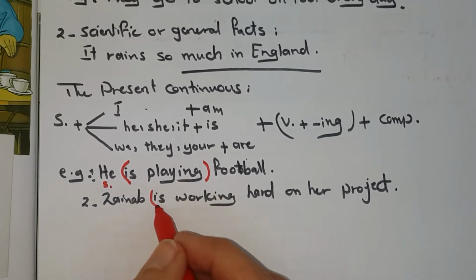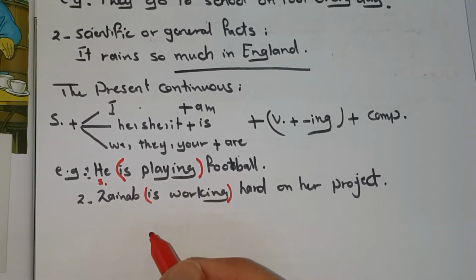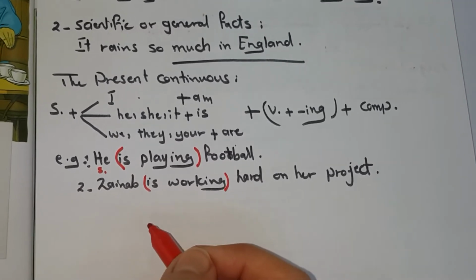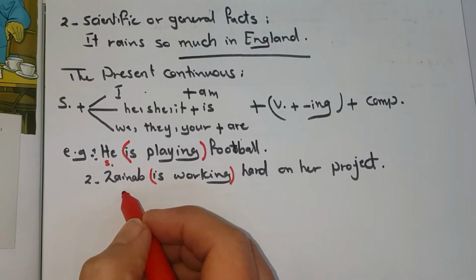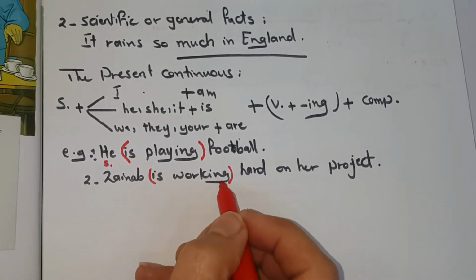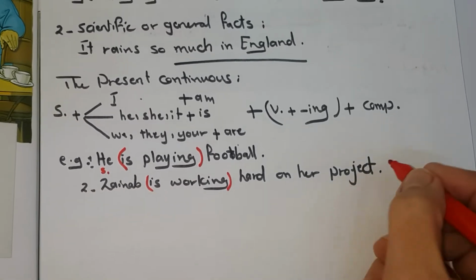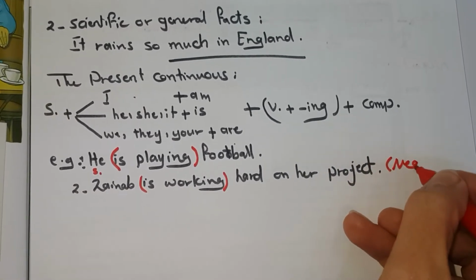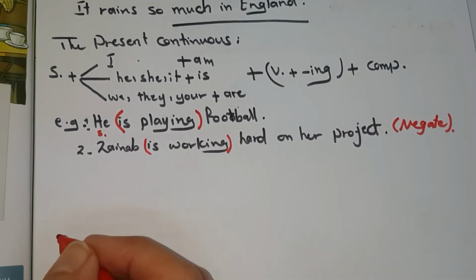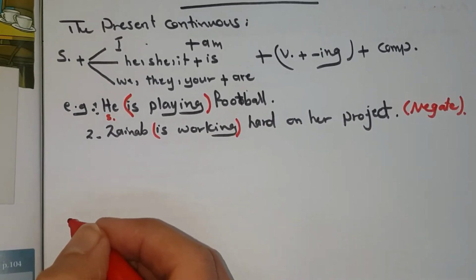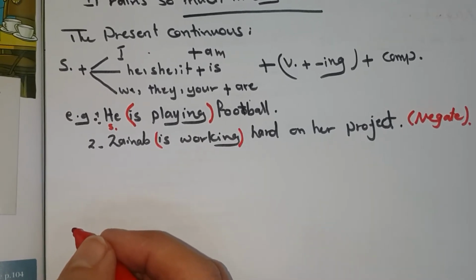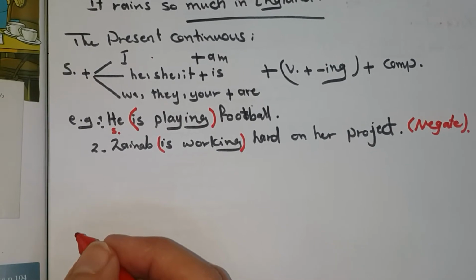Here is Zainab is working. Also a sentence in the present continuous mood. Zainab or she is work with ing. If I want to negate this sentence, what can I do? We have a general rule that we have already discussed. If we want to negate any sentence, we need an auxiliary plus not.